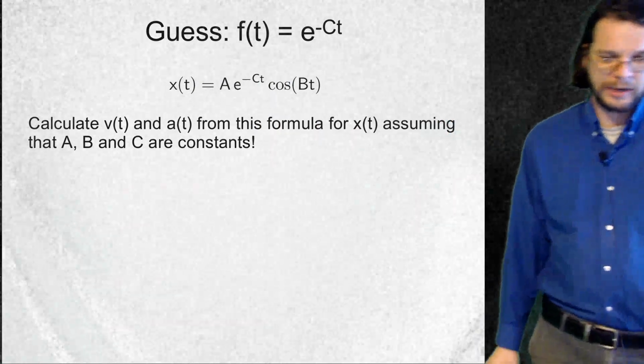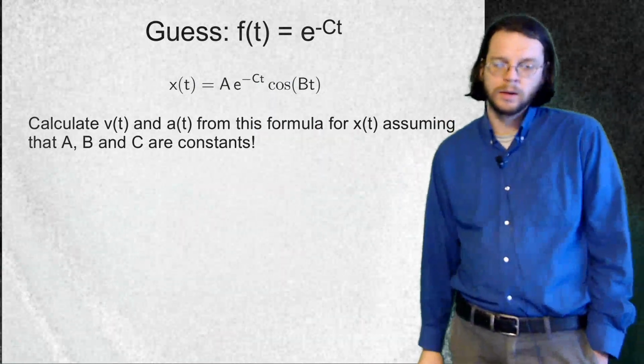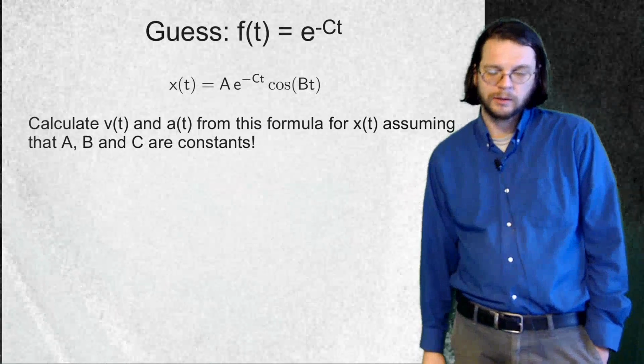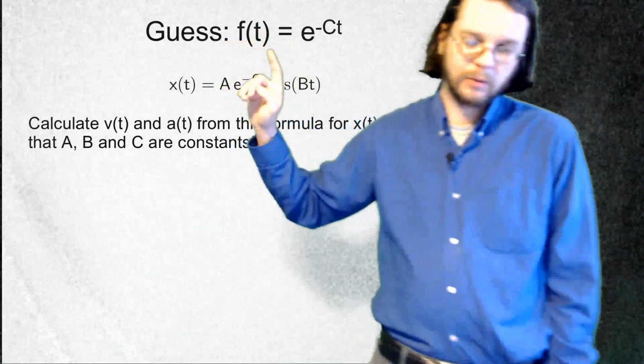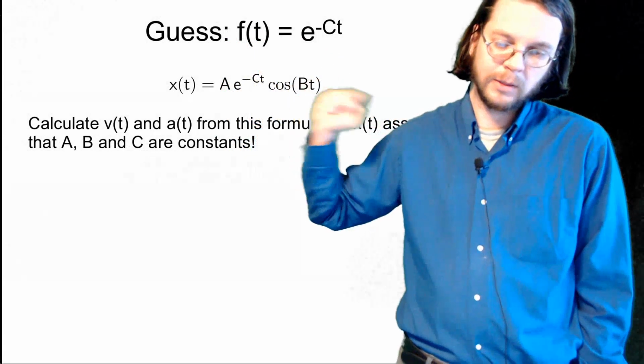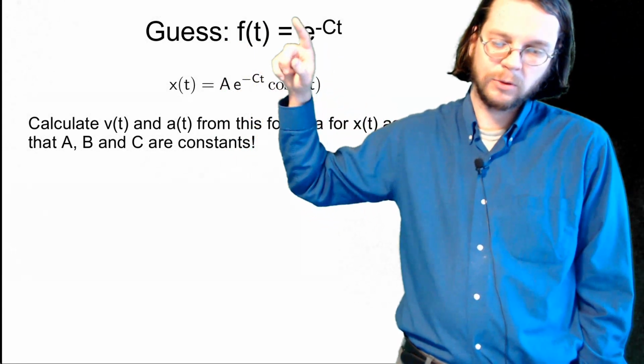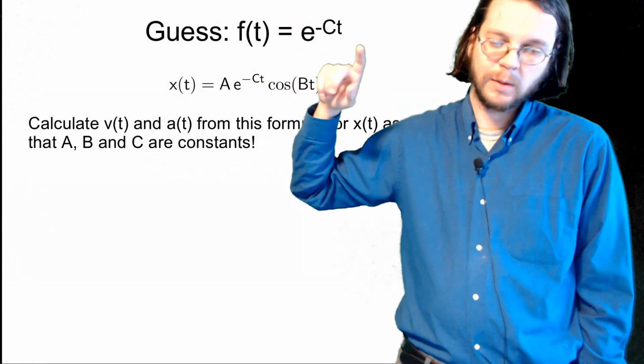we know the function has to have the form, and we're going to make another particularly good guess. We're going to say that it would make sense if this f of t had this kind of behavior, right? So some exponential times a constant times the time.